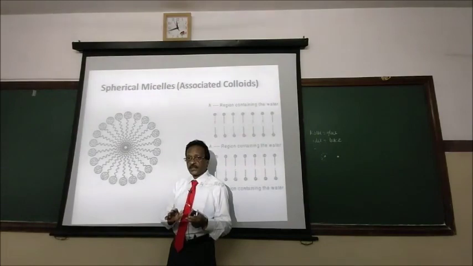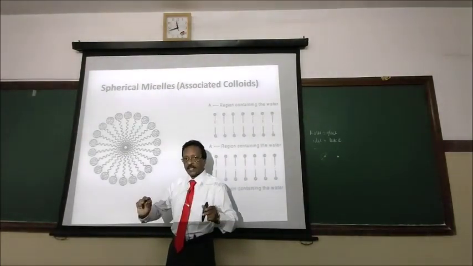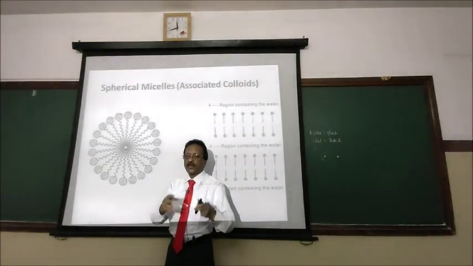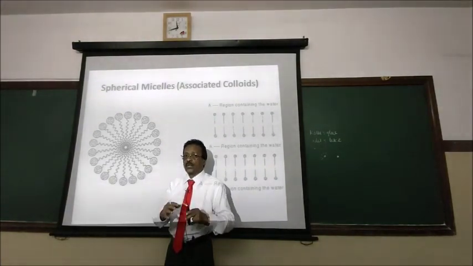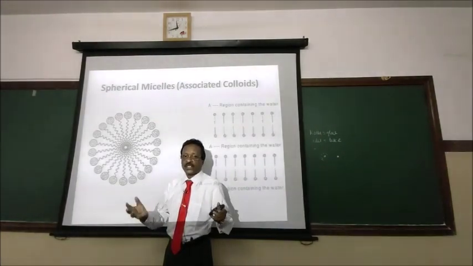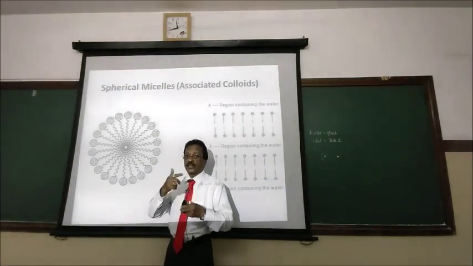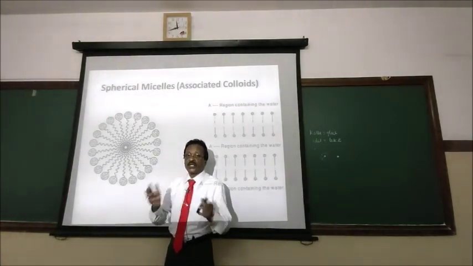At low concentration, it acts as an ion. Go on increasing the concentration to a particular concentration and a particular temperature called the Kraft temperature. Then 100 or 200 of these ions associate to form a spherical molecule of colloidal dimension, called the micelle. How do they associate?